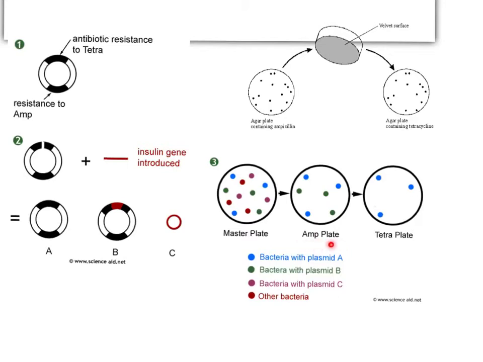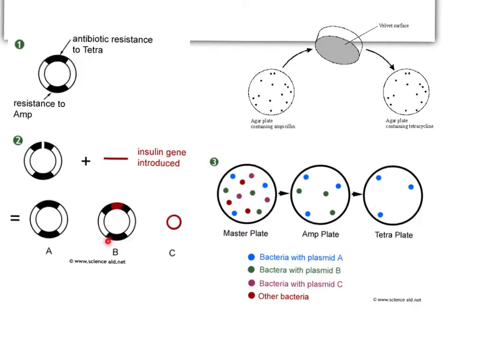What the ampicillin will do is kill all of the bacteria that don't have the ampicillin resistant gene. So if the bacteria has one of these in it, ampicillin resistant here, it will survive, and similarly if it's type B, it will also survive.